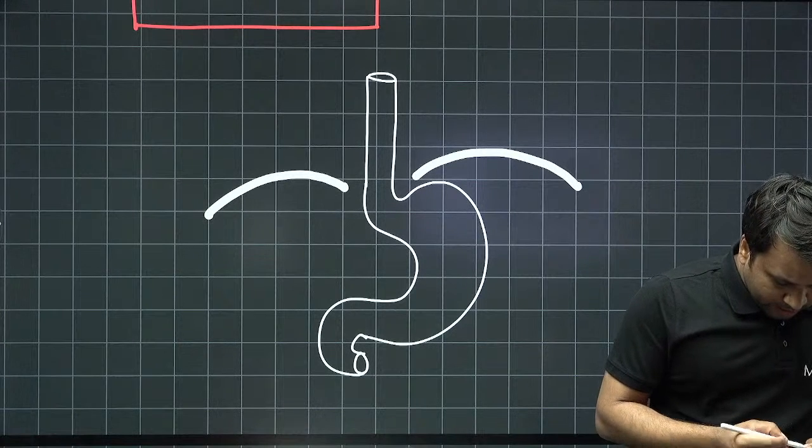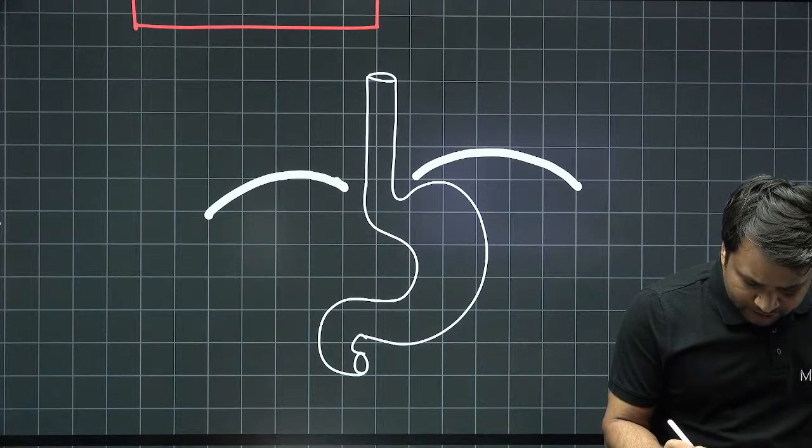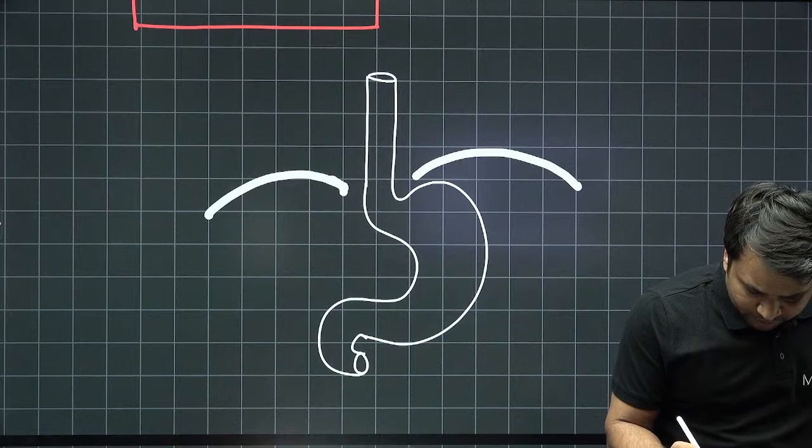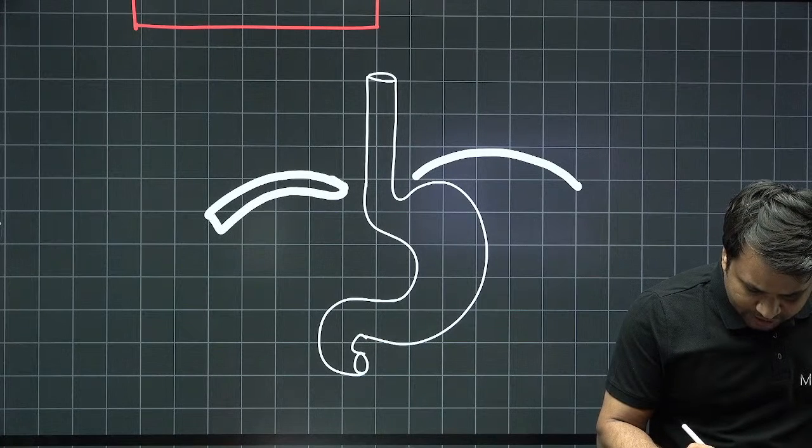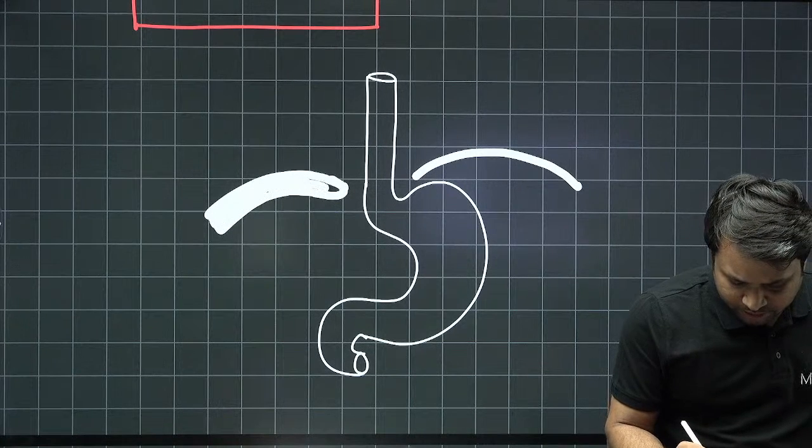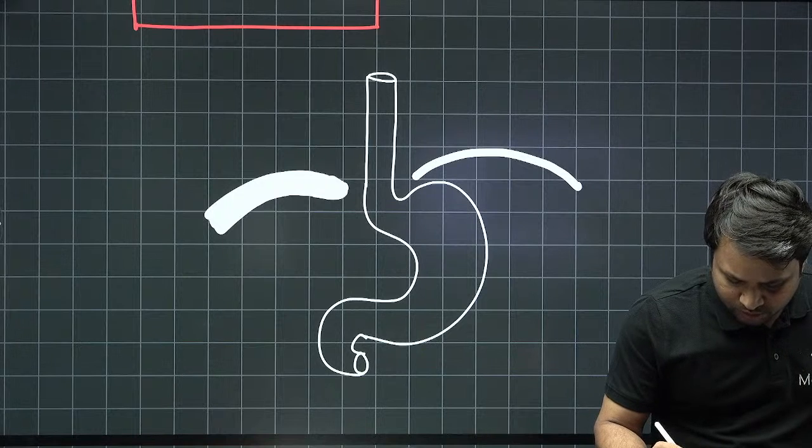Now let's say this is how a diaphragmatic muscle would look, for the sake of understanding. I'm going to make it a little bit bulkier, right? So this is how the diaphragm looks across here.